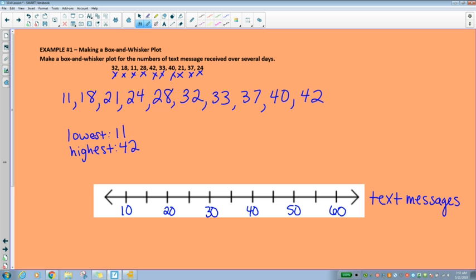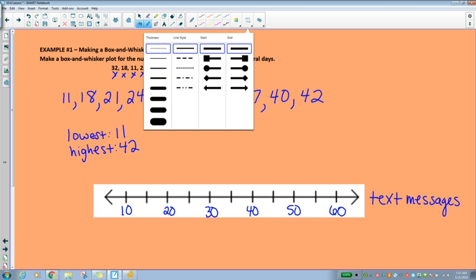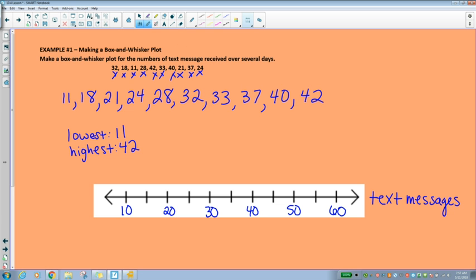Now I'm going to find the third number, which is the median. The median is the middle. I cross off the high and the low, the high and the low, the high and the low. In this case I have 2 numbers left, so I know the median is going to be directly between those two.